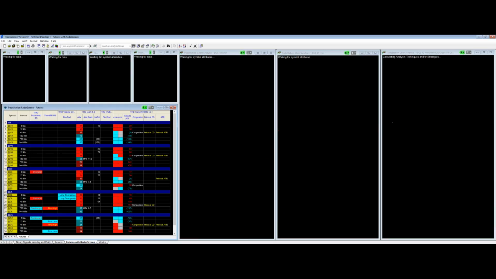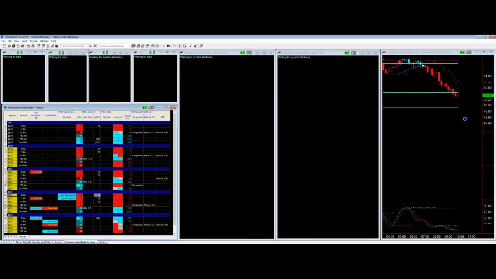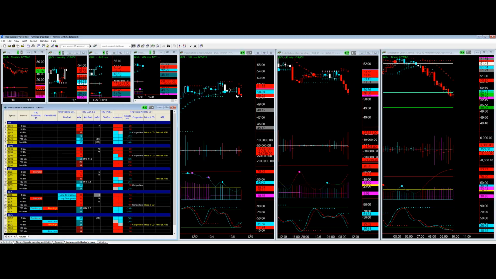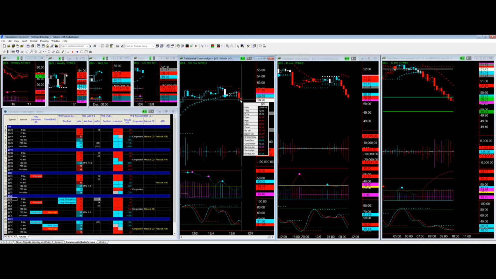I think crude made a new low. See where it's still testing this congestion dot. That congestion dot is at 22, and the low has been 28.